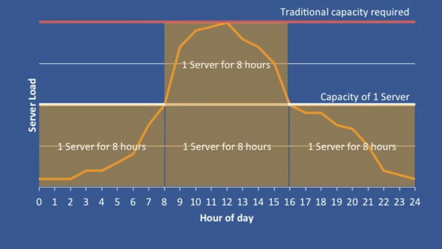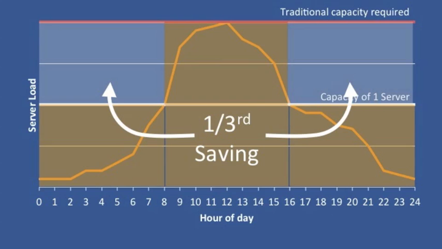So we can see here that 4/6 of my time is taken up with servers, so I'm essentially making a saving of 1/3 by turning off an extra server during the first 8 hours and the last 8 hours of this 24-hour period. So this is an example where we can follow the curve with a unit of resource, in this case an EC2 instance that can support half of my load at peak. By turning off the second instance during the morning and the evening, I can make 1/3 savings of my cost base for running that application.